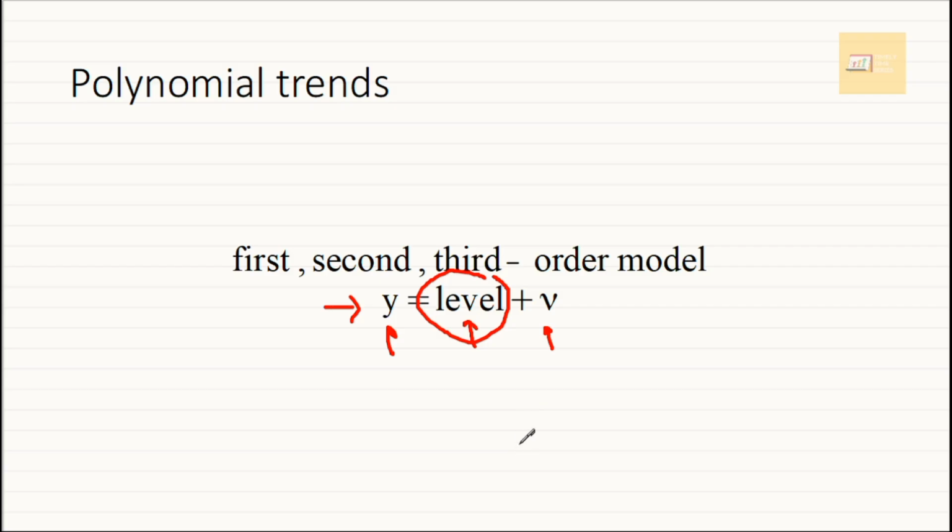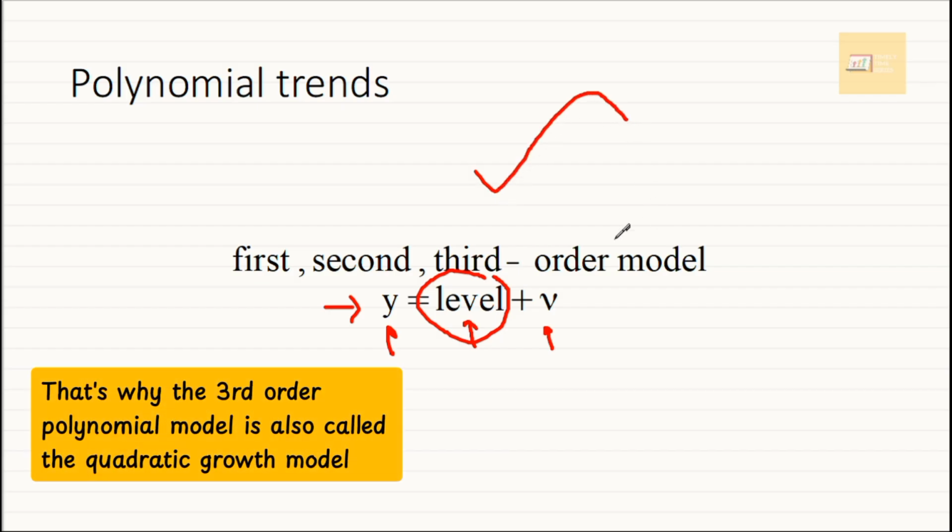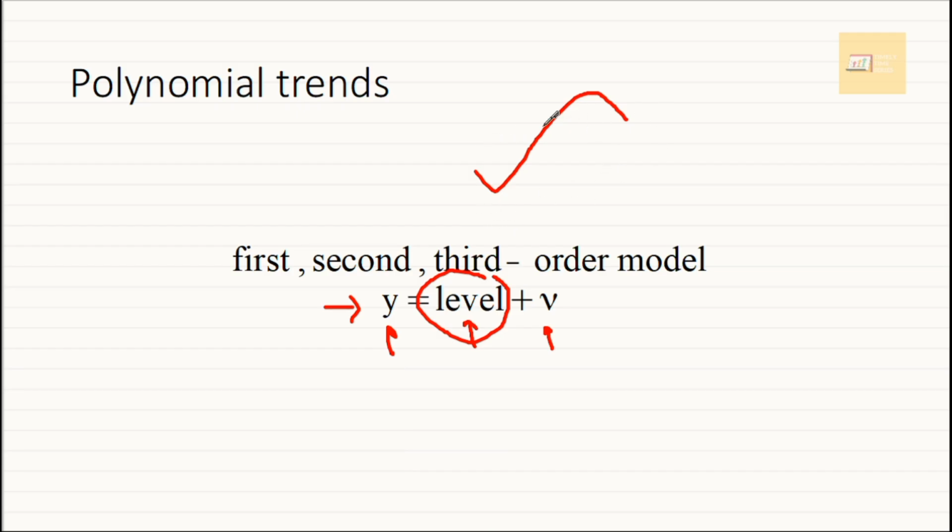I'm going to show you that more formally later in the R, but to get some intuitions about it, the third order model is for time series which looks like a quadratic equation. So imagine that this is our curve and it's a function of the time.